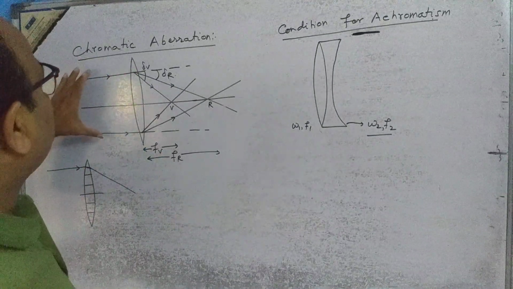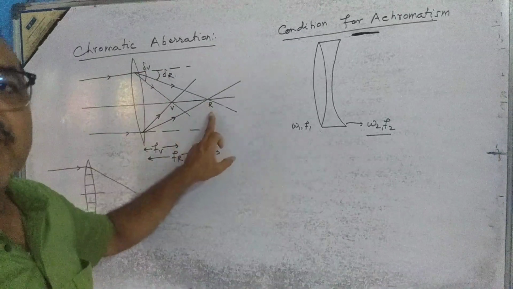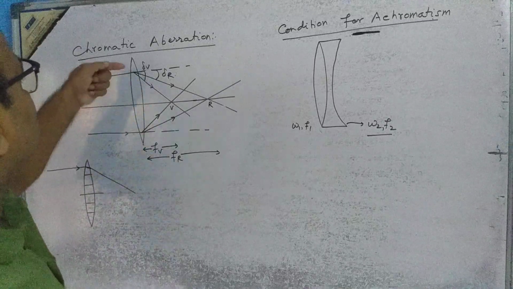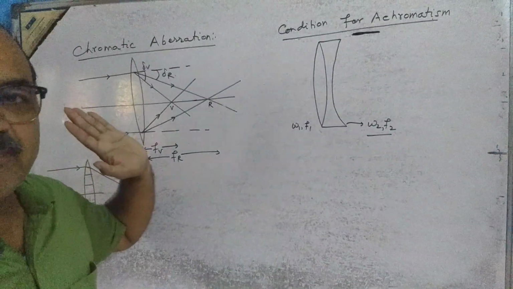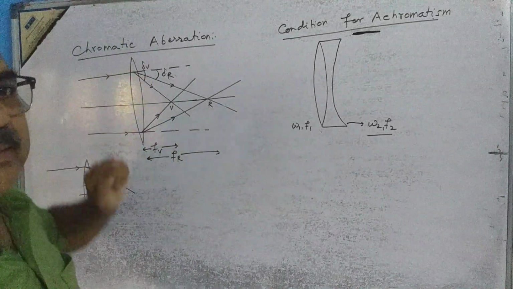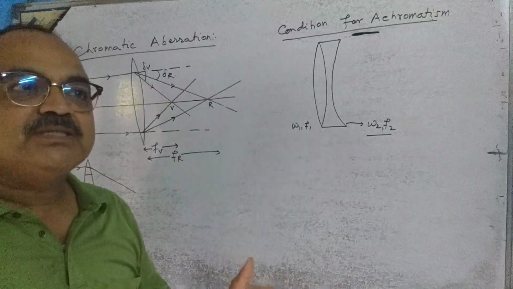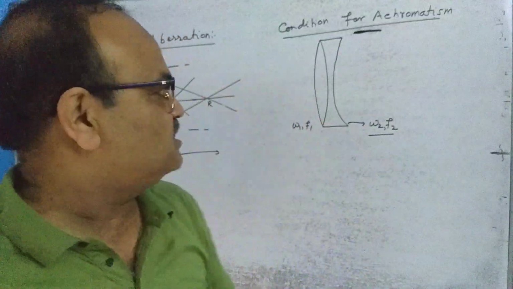All violet colors are focused here at V. All red colors are focused at R. Delta V maximum, delta R minimum, maximum refrangible ray violet, minimum refrangible ray red. That means there is not a single focus but a number of foci.